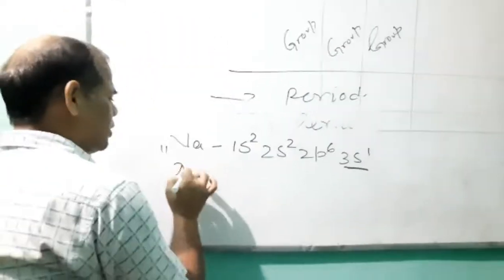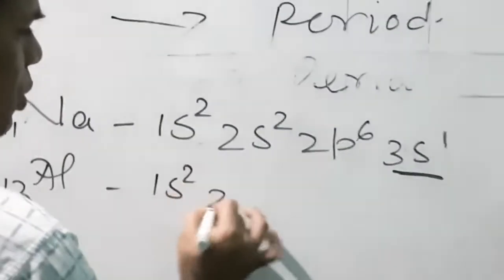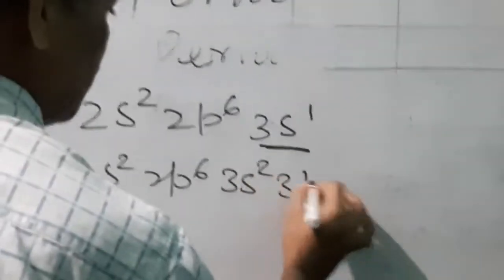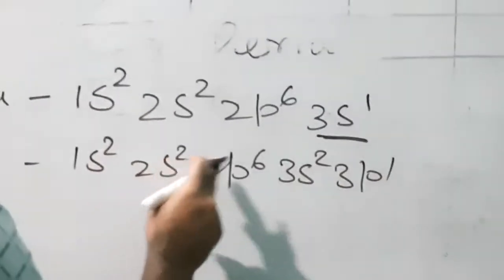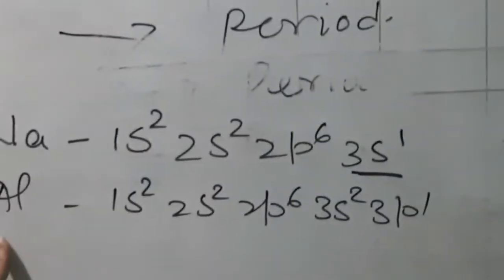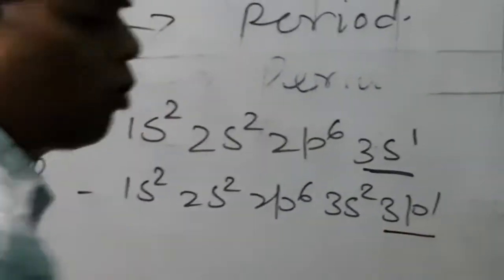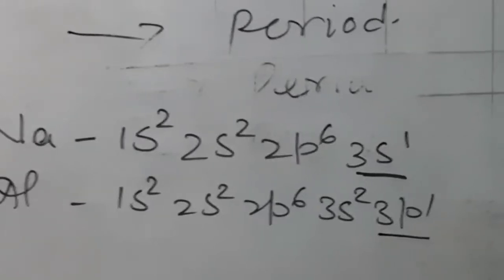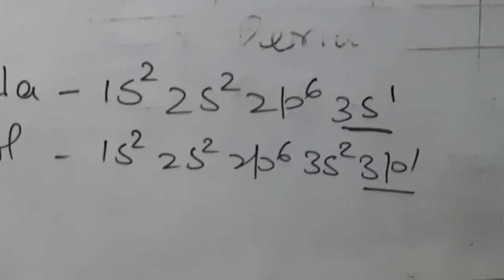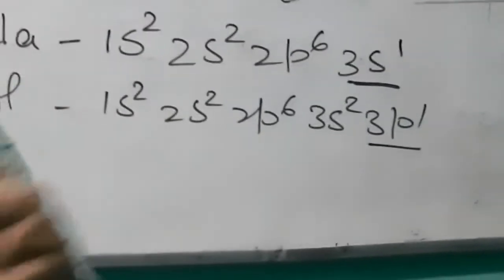Similarly, aluminum, atomic number 13: 1s2 2s2 2p6 3s2 3p1, that is 2 plus 2 is 4, plus 6 is 10, plus 2 is 12, plus 1 is 13. Where does the last electron go? Into a p orbital, so aluminum belongs to the p block.